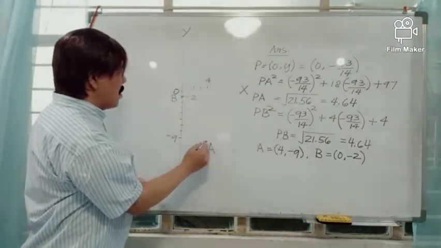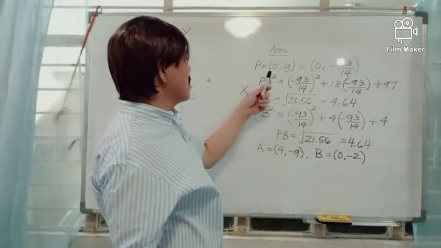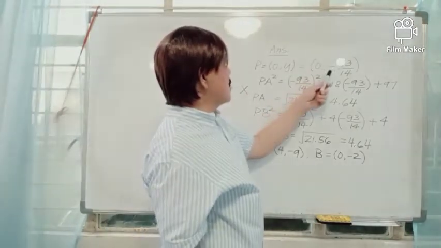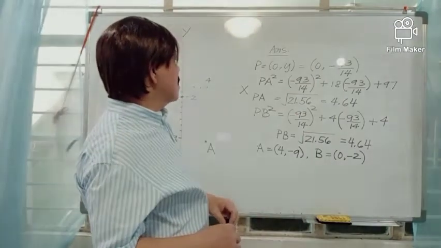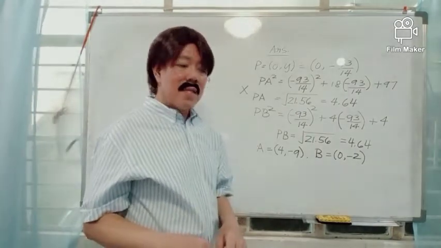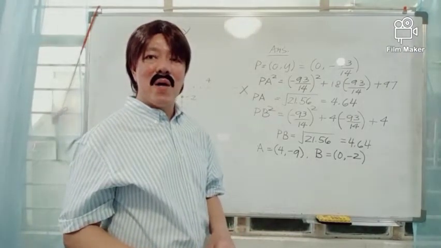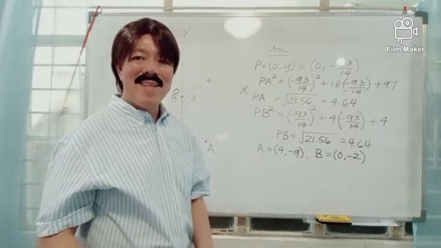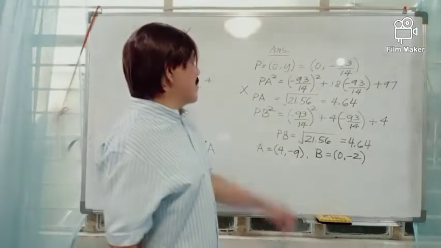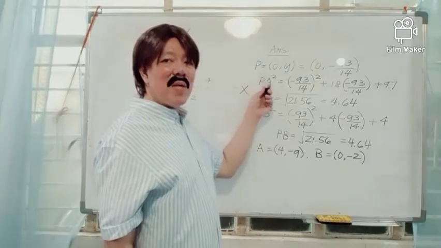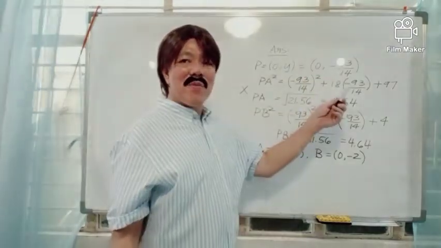Now we plot point P. Point P has coordinates 0, negative 93 over 14. Negative 93 over 14, we have to approximate the value of 93 over 14 to 2 decimal places. So we can plot the point P with coordinates 0, negative 93 over 14.